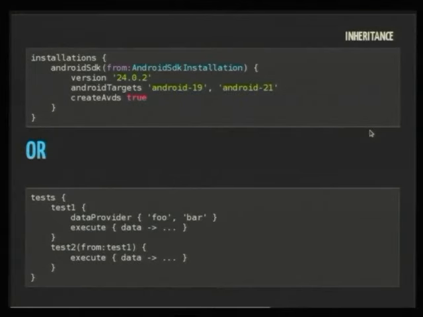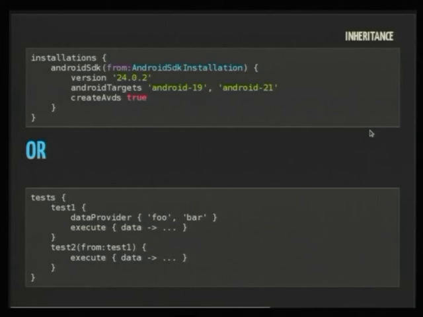The first nice thing we added there is inheritance and custom DSL specification. So the installation can inherit from an existing installation or from an installation definition, which is actually a class written in Java and Groovy. And this custom installation brings you the opportunity to define your own DSL. By default, an installation is something that downloads something from the internet and extracts it.